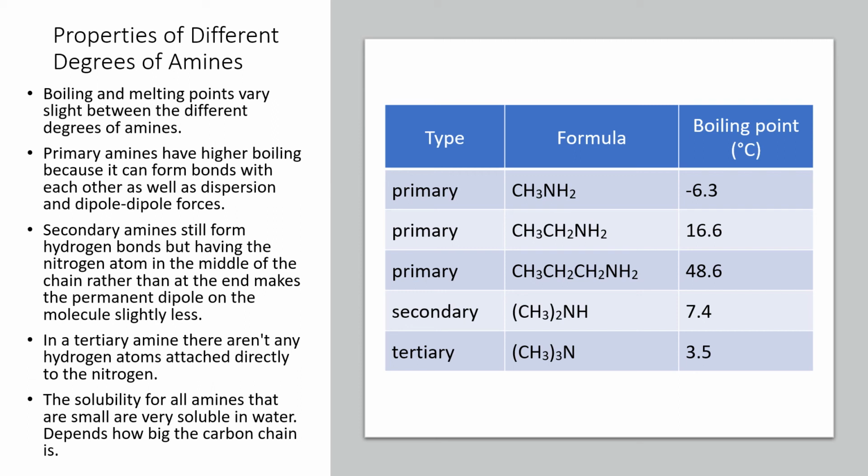Due to the lower dipole-dipole attractions, the boiling point is going to be lower. In tertiary amines, there are no hydrogen atoms connected directly to the nitrogen. That means there is no hydrogen bonding going on at all. This is why the boiling point is much lower compared to primary and secondary.